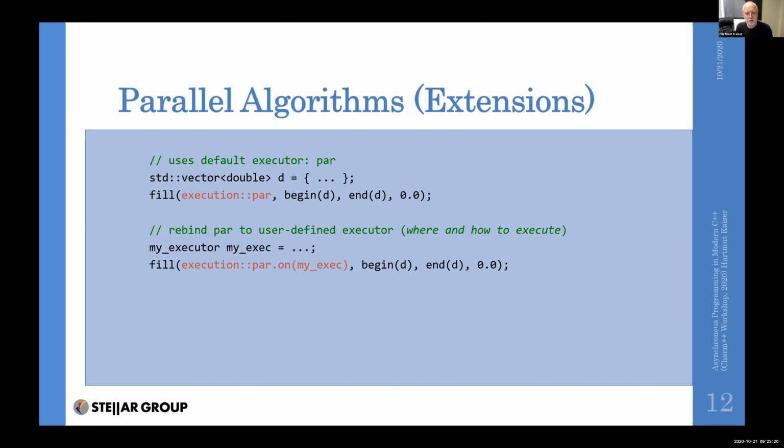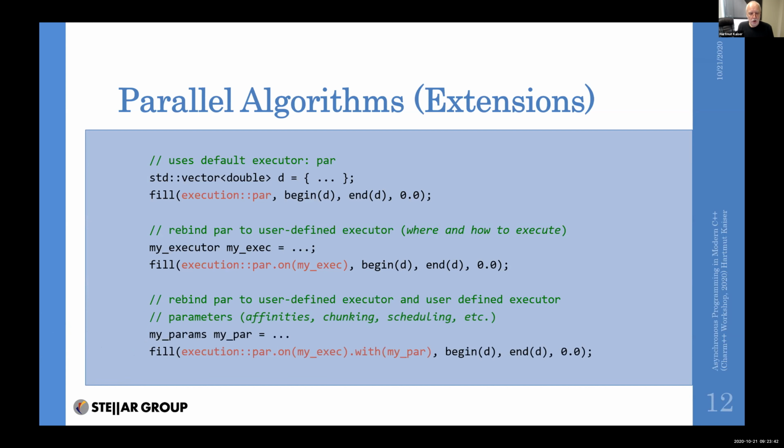The user can write what we call executors, which are essentially very simple objects that decide how, where, when, and in what way things are being scheduled. And you can attach your executor to the par execution policy and customize the algorithmic execution that way. Often you want to additionally influence affinities, chunking, scheduling, and so on. And you can do that by writing some special customization object, some parameters object, which can be attached to the execution policy as well.